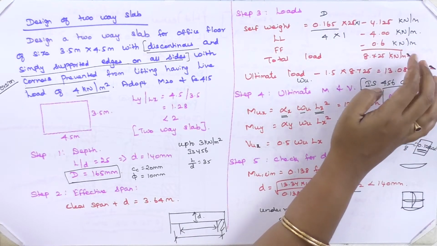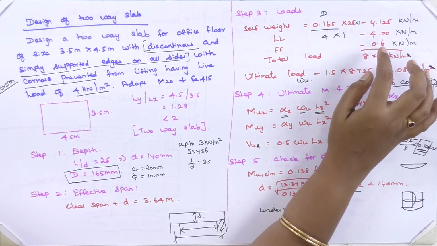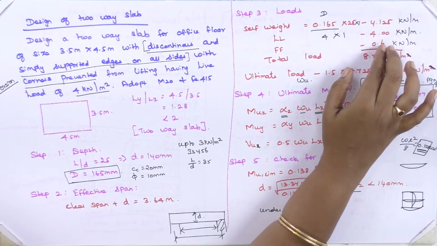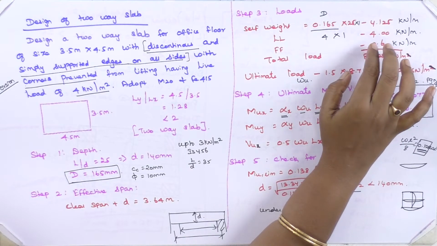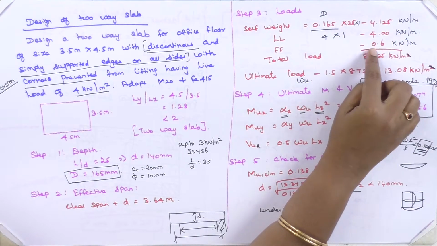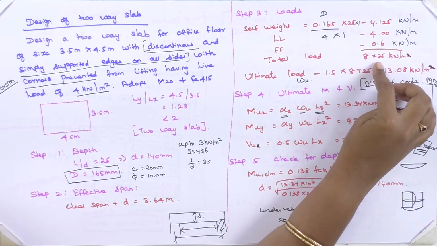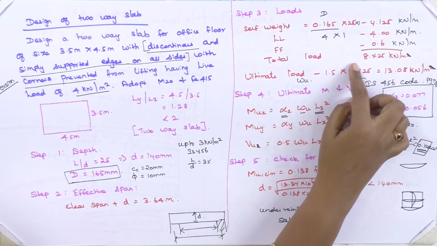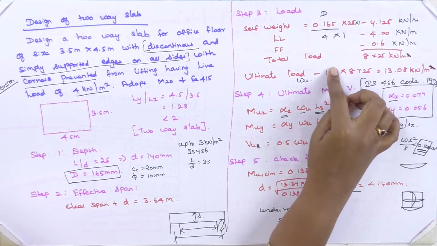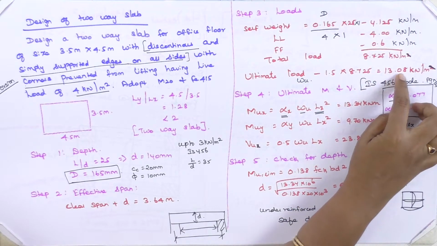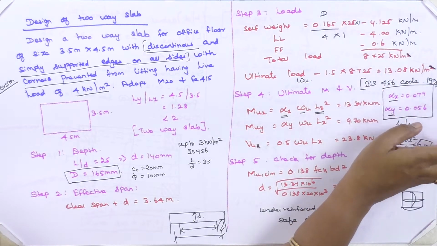You can take anything else if you provide marble or granite. It is based on the floor finish you prefer for your slab design. So I'll take 0.6 now. So the total load is 8.725. The ultimate load should be multiplied by 1.5, the factor of safety. So I'll get 13.08 as my ultimate load.